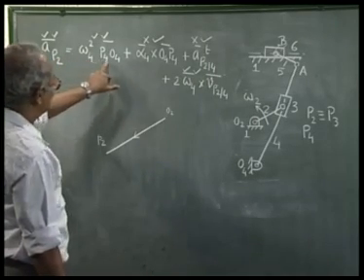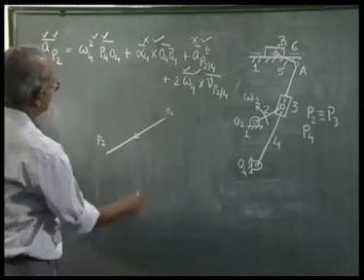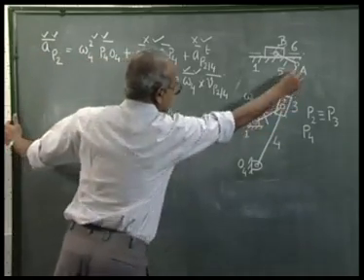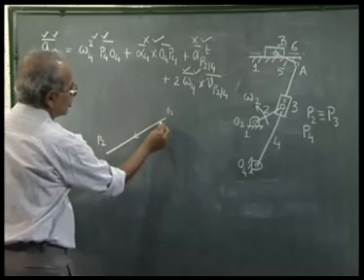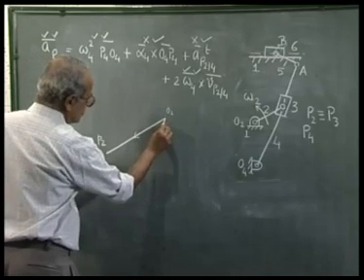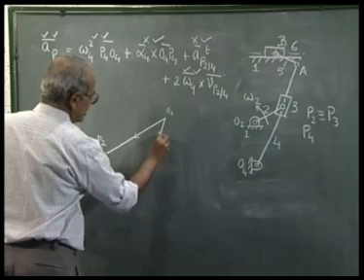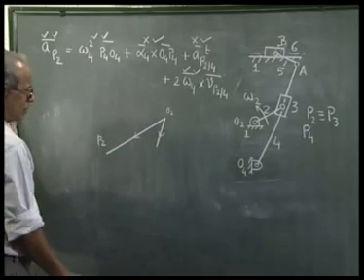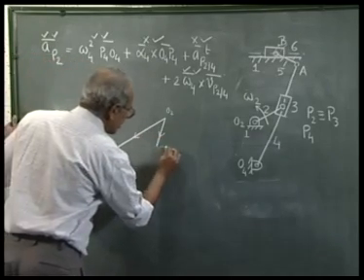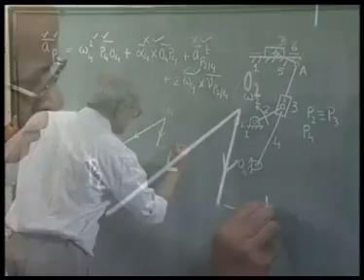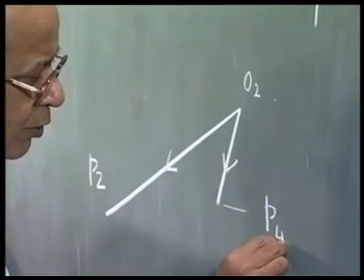Omega 4 square O4P4 is completely known, and that is parallel to this line towards O4. So, I can draw to the same scale, let it come up to this point. This I call P4 prime.